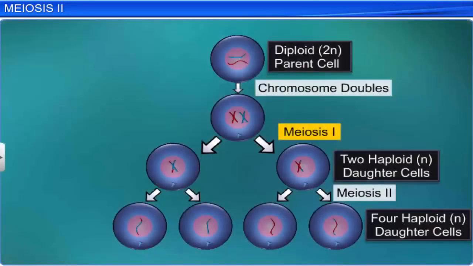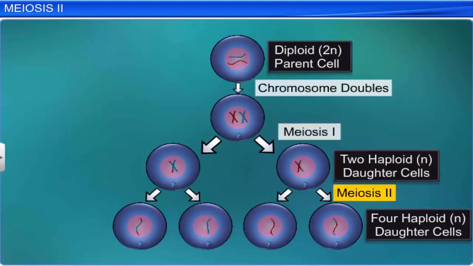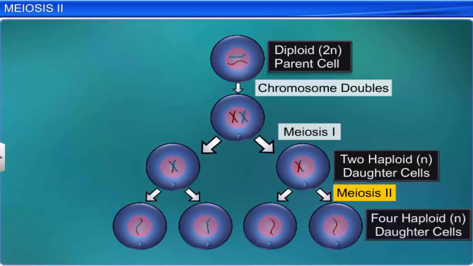Meiosis I results in two haploid daughter cells due to the separation of the homologous chromosomes in the parent cell. Meiosis II follows meiosis I and results in four haploid cells. Meiosis II resembles mitosis, as the same number of chromosomes is retained in the daughter cells.